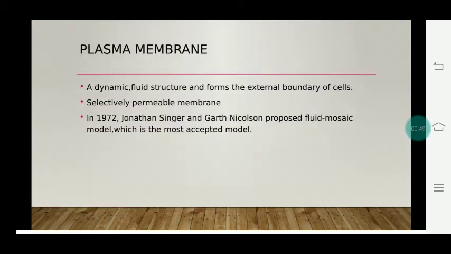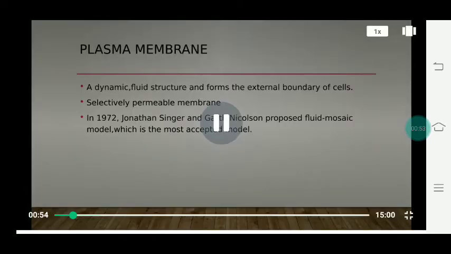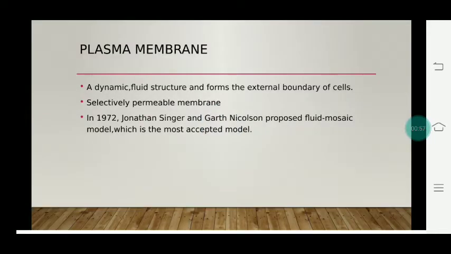So what is plasma membrane? Plasma membrane is a dynamic fluid structure and forms the external boundary of the cell. Why dynamic? Because it's not rigid. It's a flexible fluid structure that forms the external boundary of the cell.